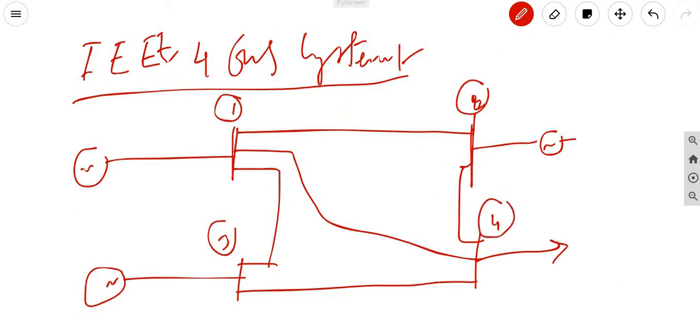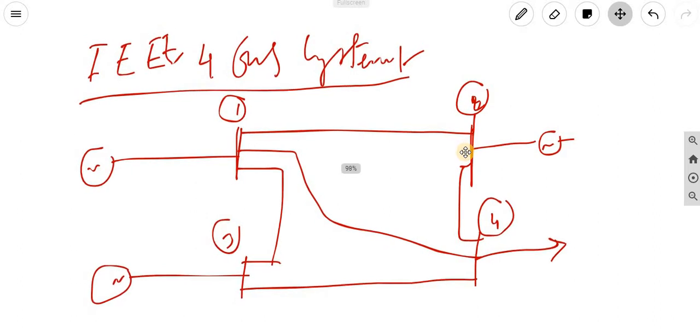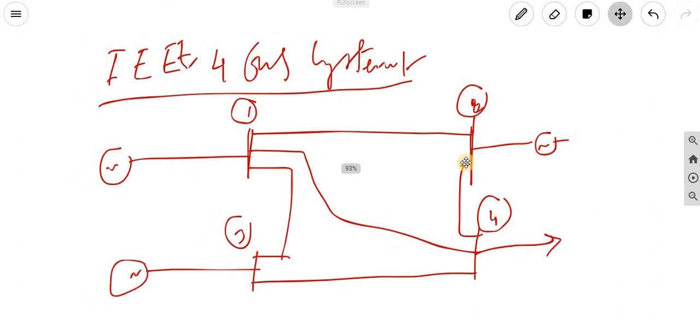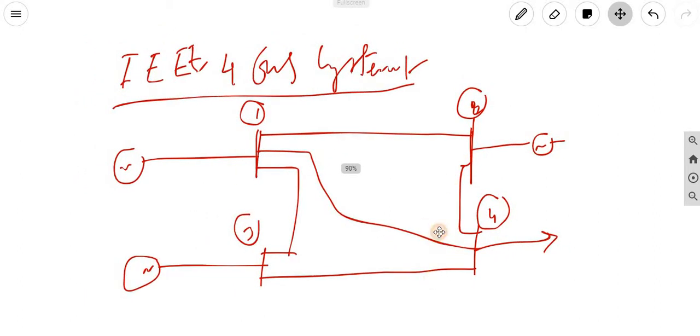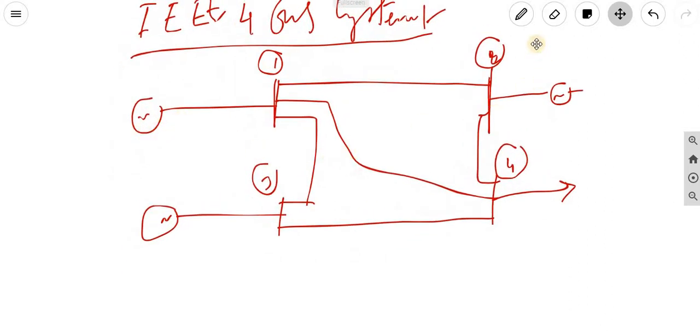As we consider the network in Assam, the network is very big, but there are only 4 generating units. Here also, suppose this network is used for transmission, say a 32 kV level transmission.